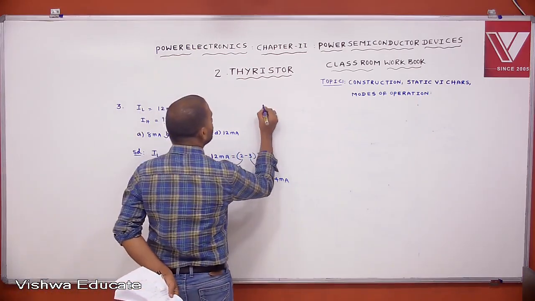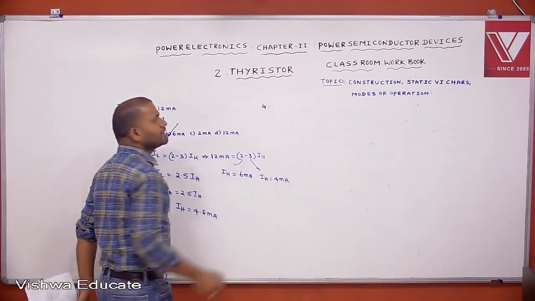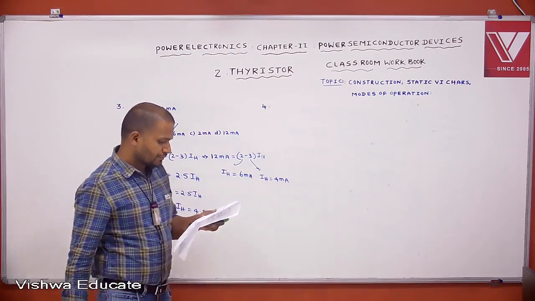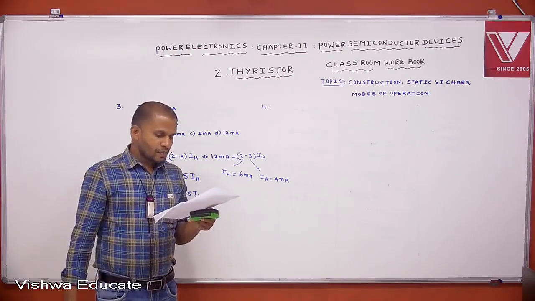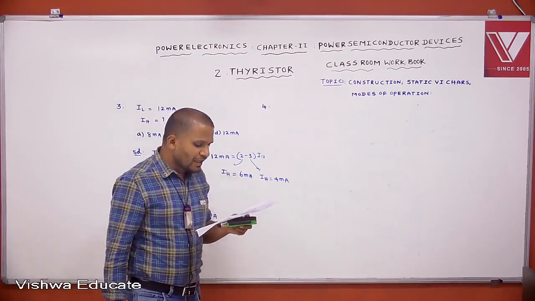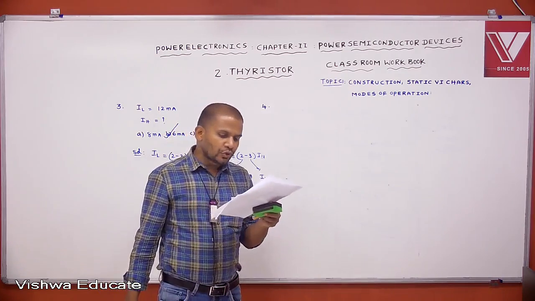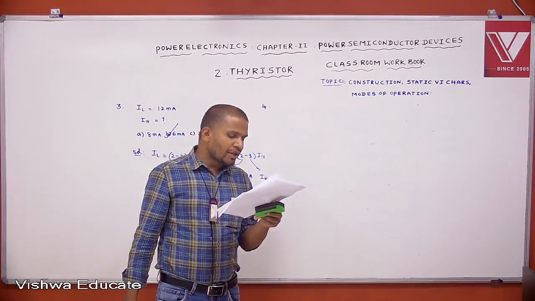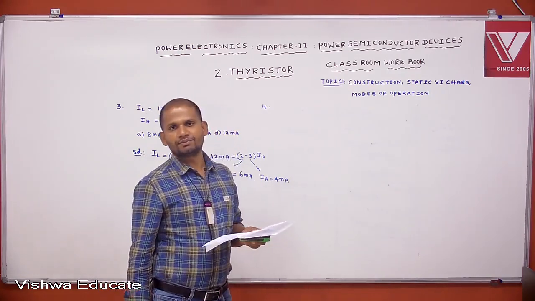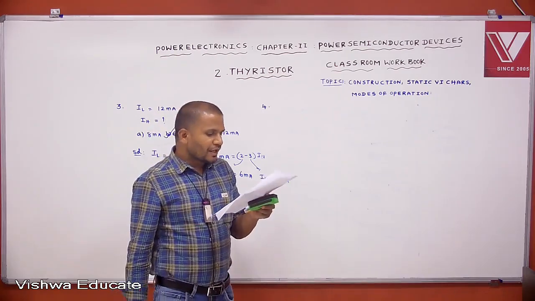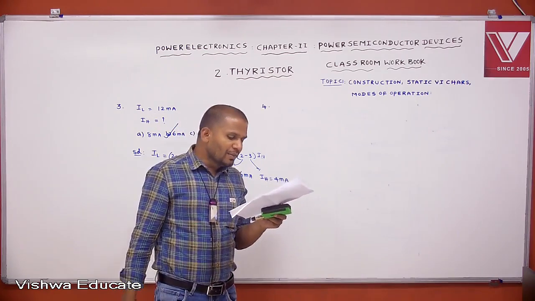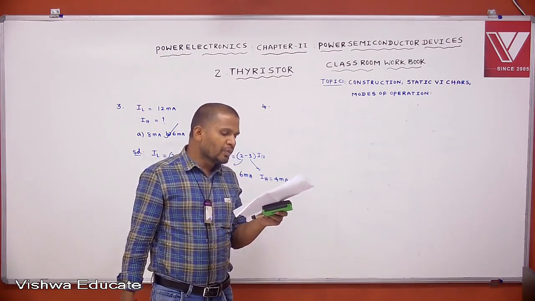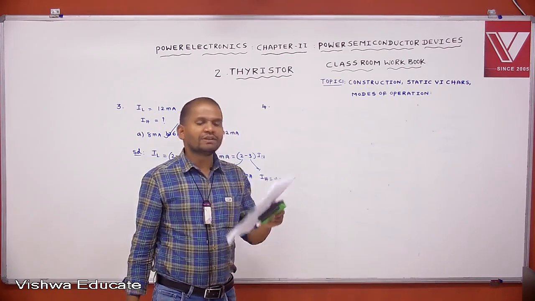Then see the fourth question in the same topic. In the circuit shown in the figure, the latching current is 40 milliampere. To ensure reliable turn on, the minimum gate pulse width is dash.